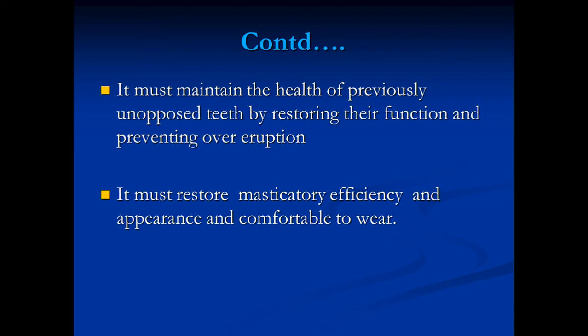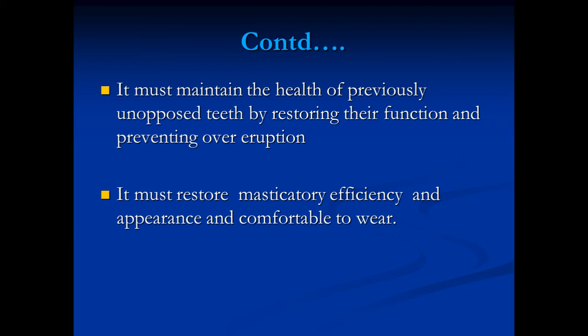That means it should not cause any harmful or untoward forces on principal abutment teeth, because a clasp assembly, or a direct retainer, has a retentive arm and a reciprocal arm. The retentive arm helps in retaining the removable partial denture.